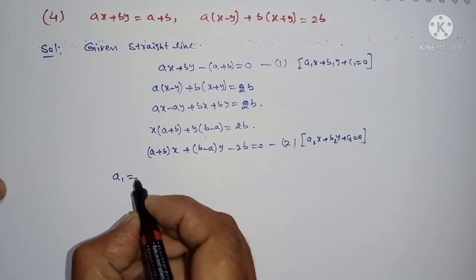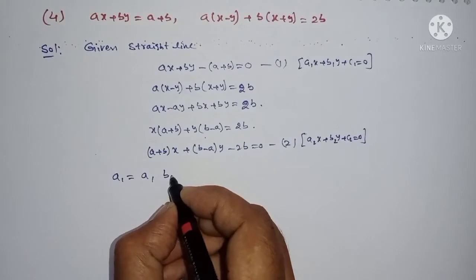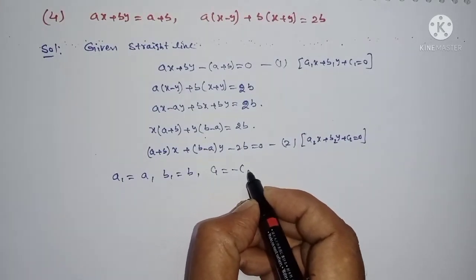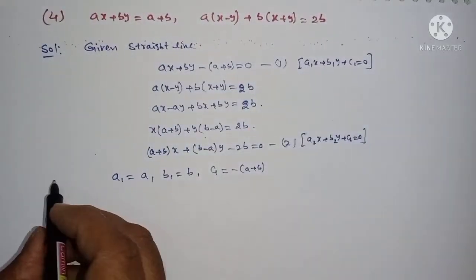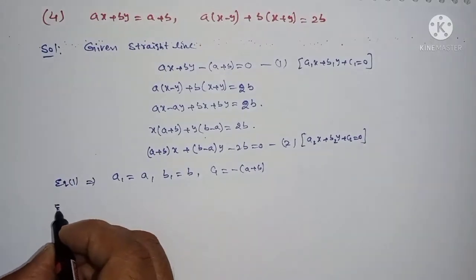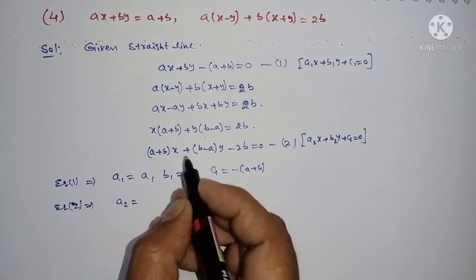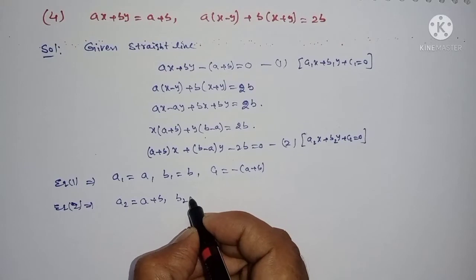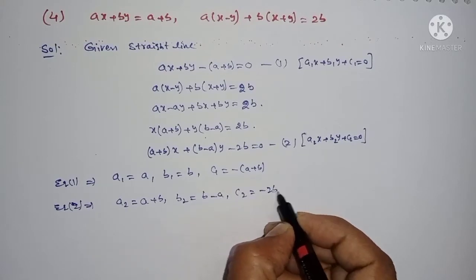A1 is equal to a only and b1 is equal to b only, c1 is equal to minus of (a + b) from equation 1. From equation 2, a2 is equal to a plus b, b2 is equal to b minus a, and c2 is equal to minus 2b.